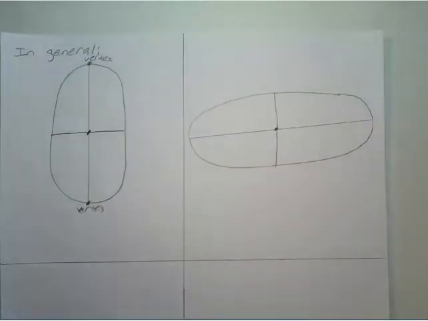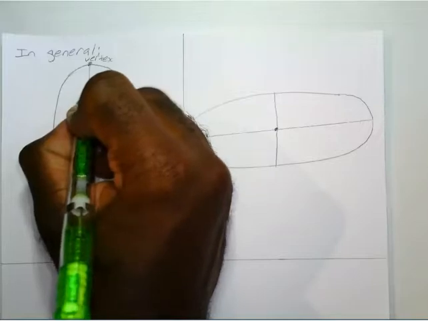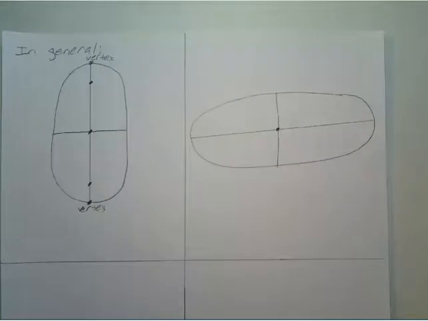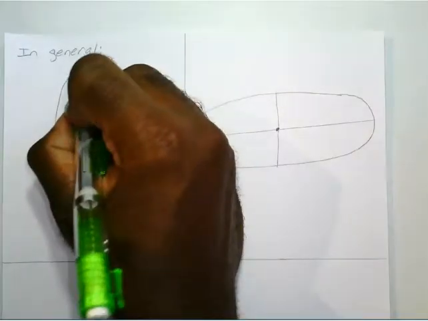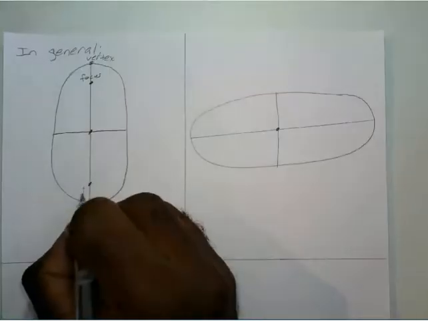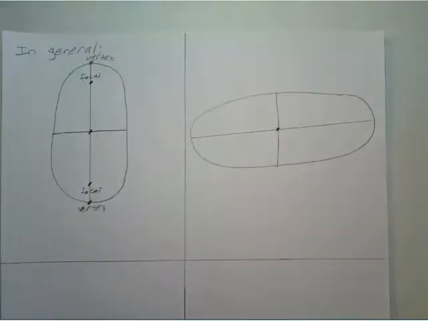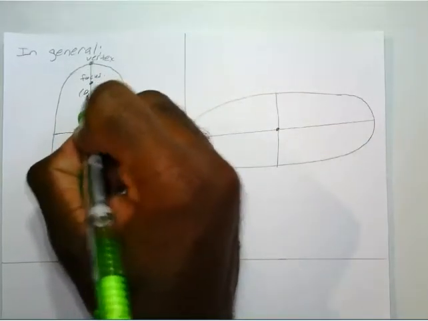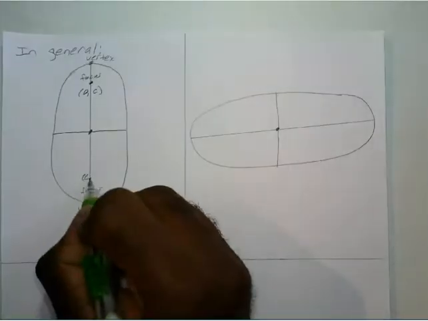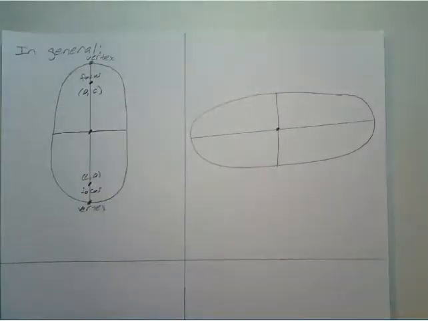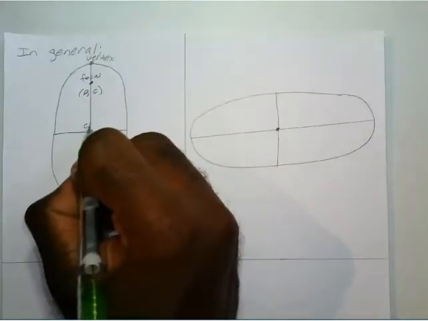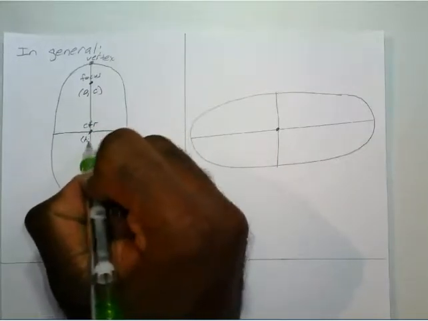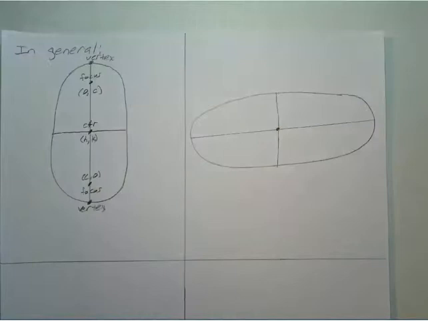Now remember your major axis goes through your foci. That's a focus, and that's a focus, and when you're talking about both of them, they would be foci. So your foci are at (0, c) and (c, 0). And this is your center, and your center, I'll just put CTR, is (h, k). That's the point (h, k).